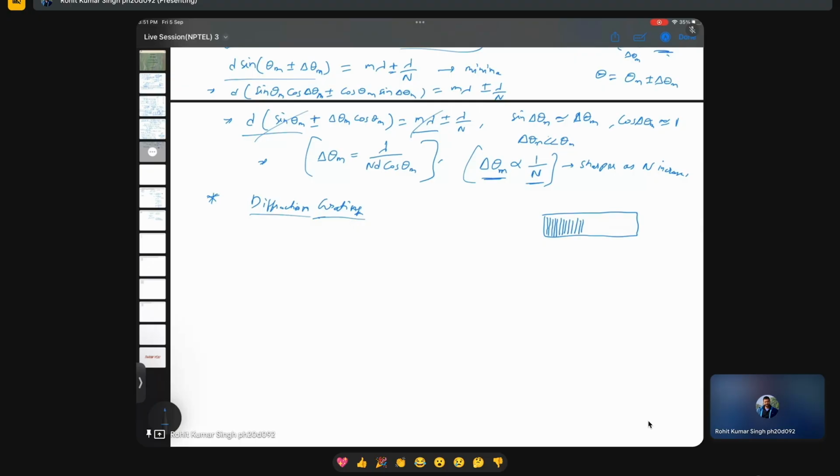So these are basically n slits that you draw on it, and everything is the same. You have this condition for principal maxima. This is nothing different, it's the same thing. And this is called the grating equation.